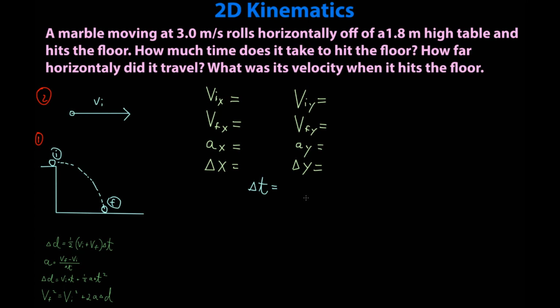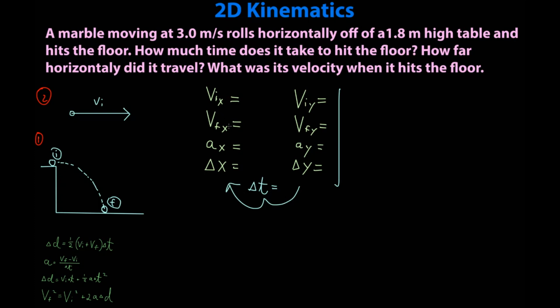Now, here's what that means. Typically, you need to find information in both columns. And what usually happens is you get good information in one column and you need to jump to the other. How do you do that? Well, time is your bridge. In order to jump to the other column, you need time.